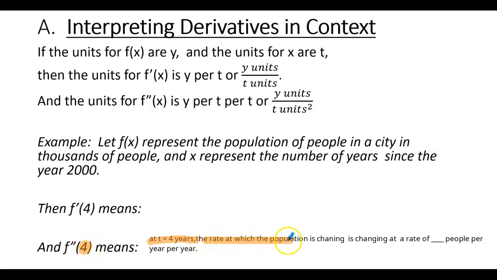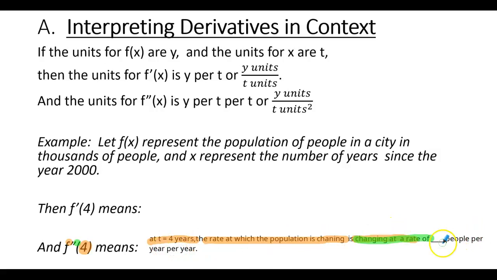The rate at which the population is changing, that's the first derivative, is changing at a rate, now that's the second derivative. So the rate at which the people is changing is the first derivative, so that's f prime. But since there's another prime, that's the rate of the rate. So the rate at which the population is changing is itself changing.